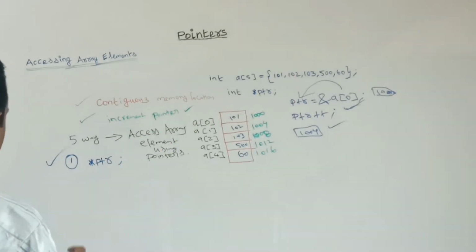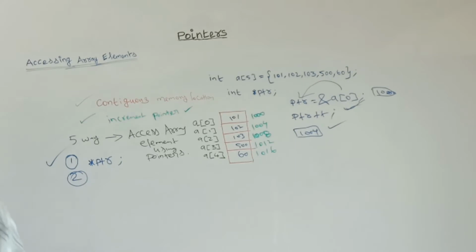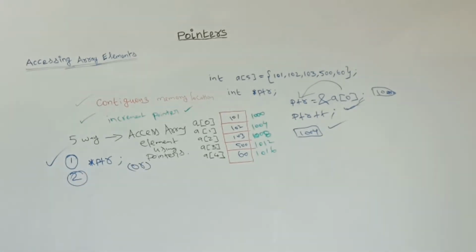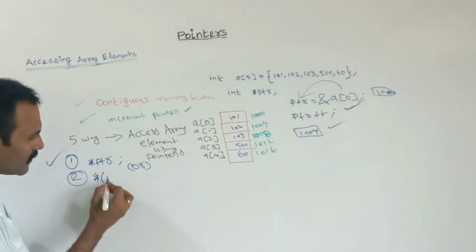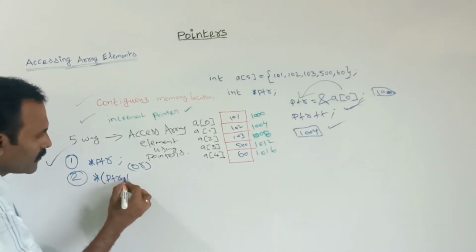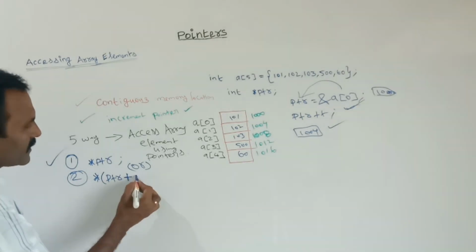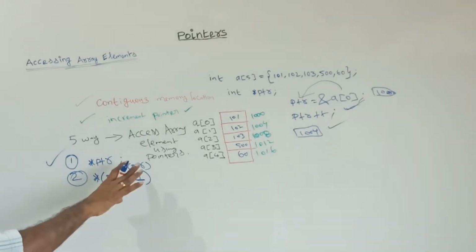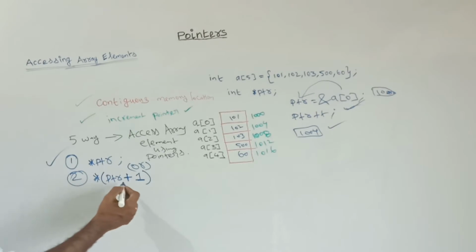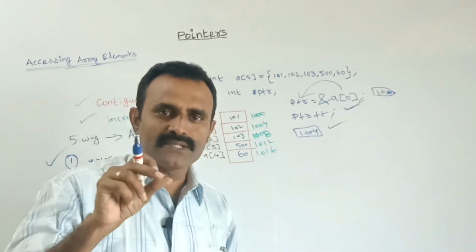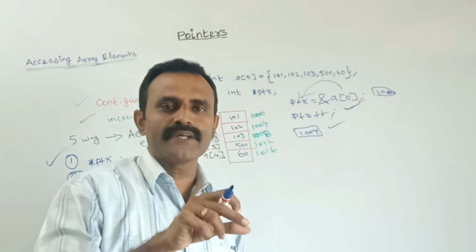Next, we can use this way also: *(ptr + number). Depending upon the number, it will go to that location. This also we saw in the last class, how to add a number to a pointer variable.